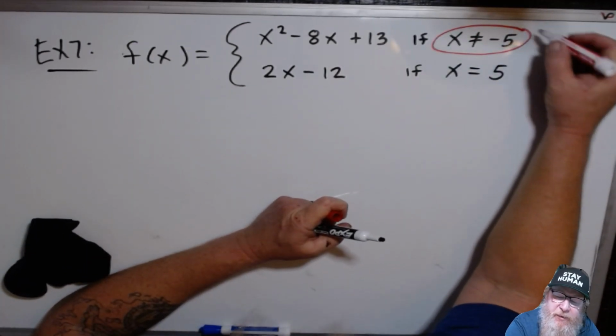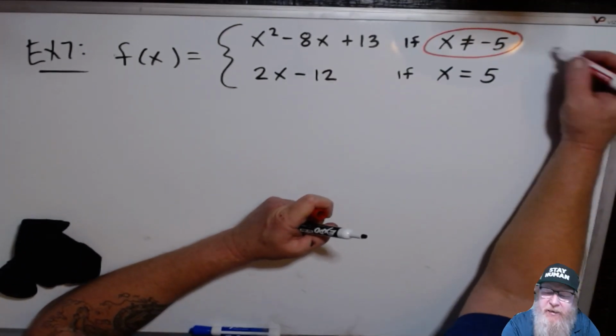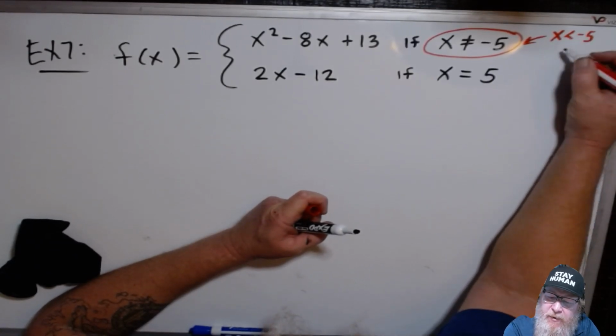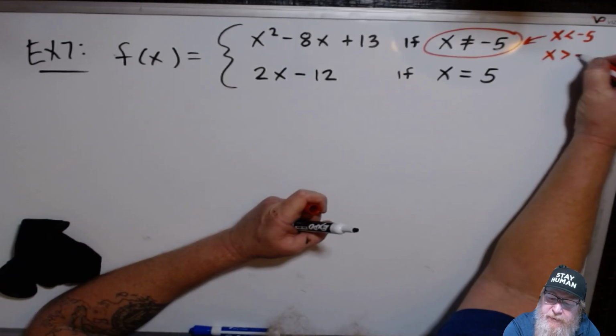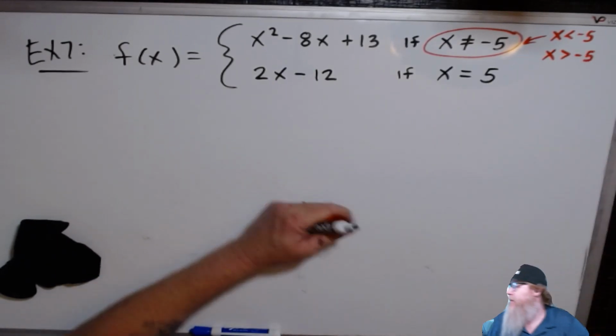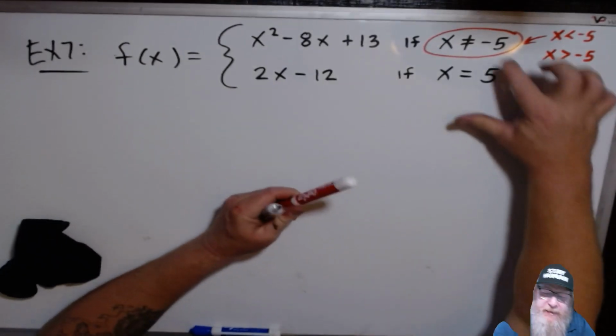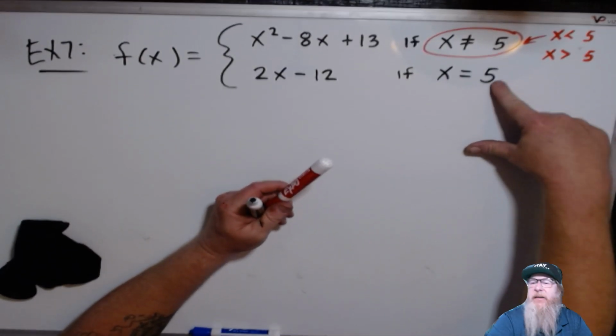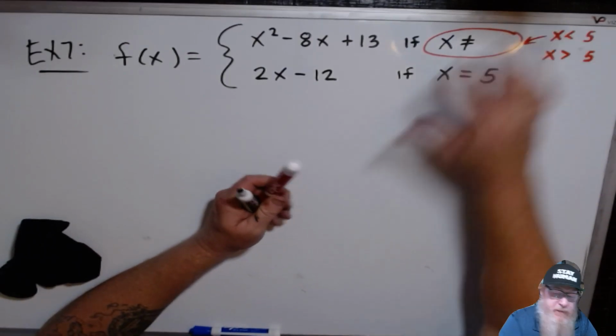Not equal to actually means two different inequalities. It means less than or greater than. I don't know why I said -5. It's definitely not -5. It's +5.